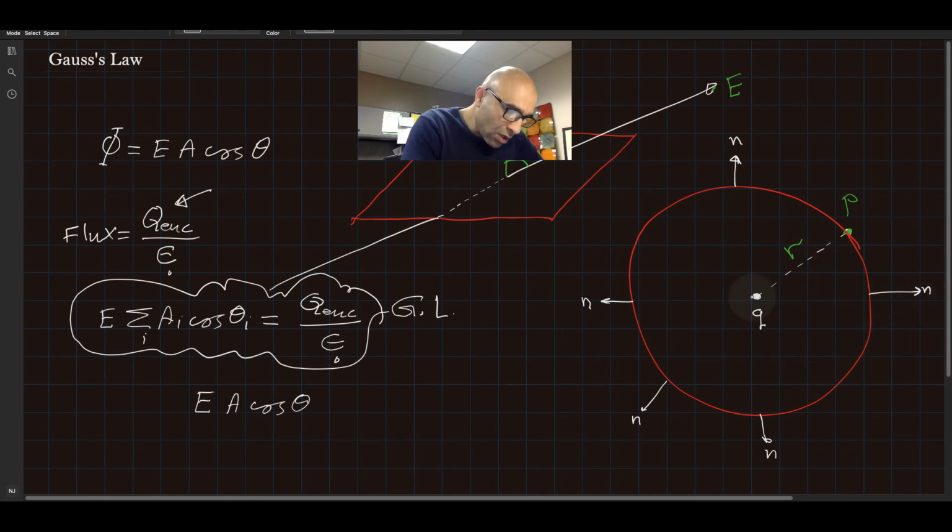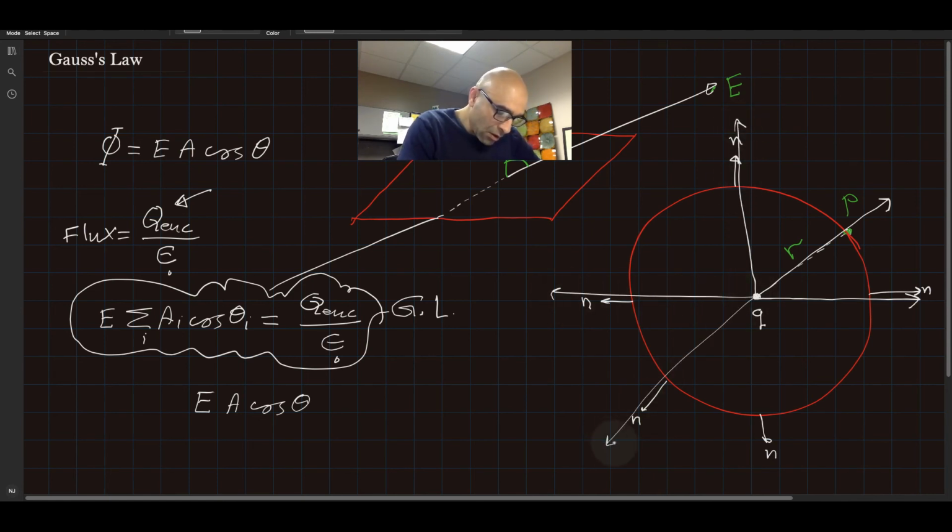So look, if we have electric field lines coming out from this charge, it's going to be like this. In here, it's going to be what? We know that that's how the electric field lines go. And here, and here.